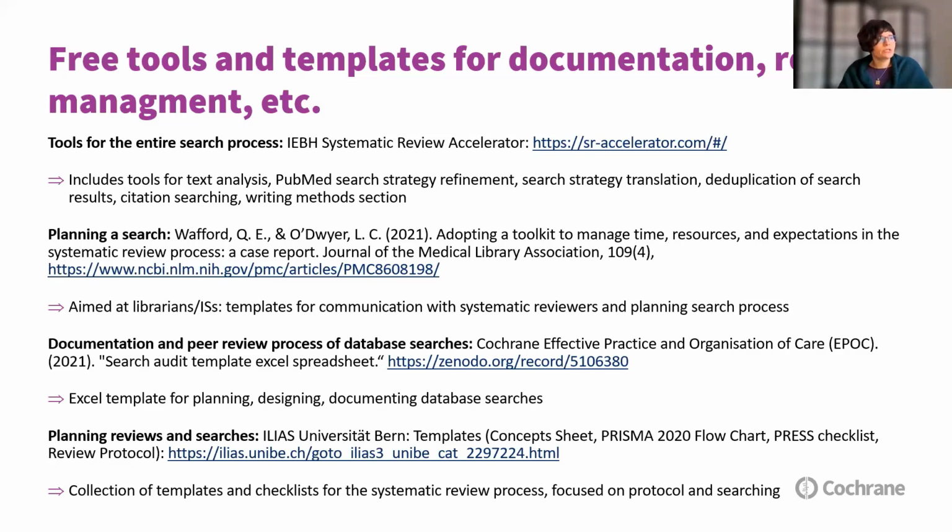I already mentioned the Systematic Review Accelerator, and this is a web tool that includes not only text analysis, but also tools for search strategy refinement, translation of search strategies, deduplication of search results, citation searching, and even a tool for writing the methods section.